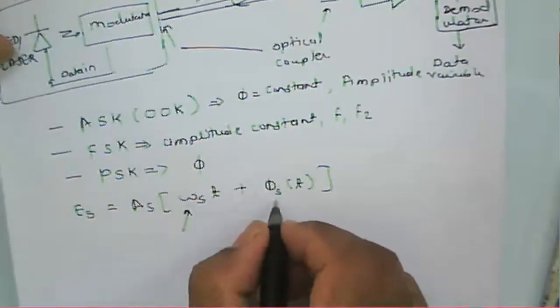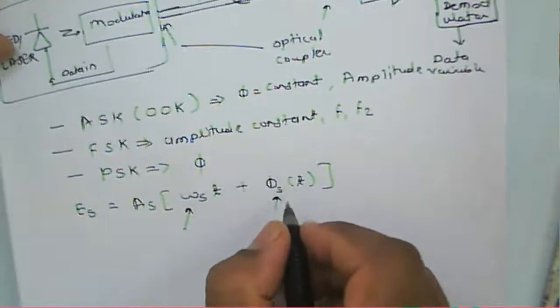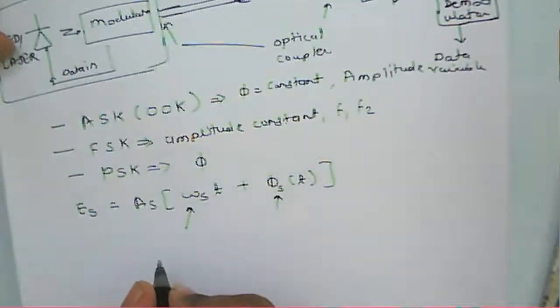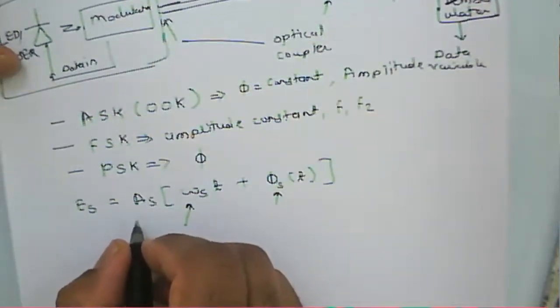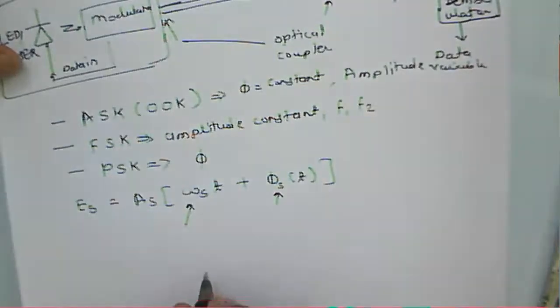And this φ is the phase of that optical signal. And this A_s is nothing but the amplitude of the optical signal.